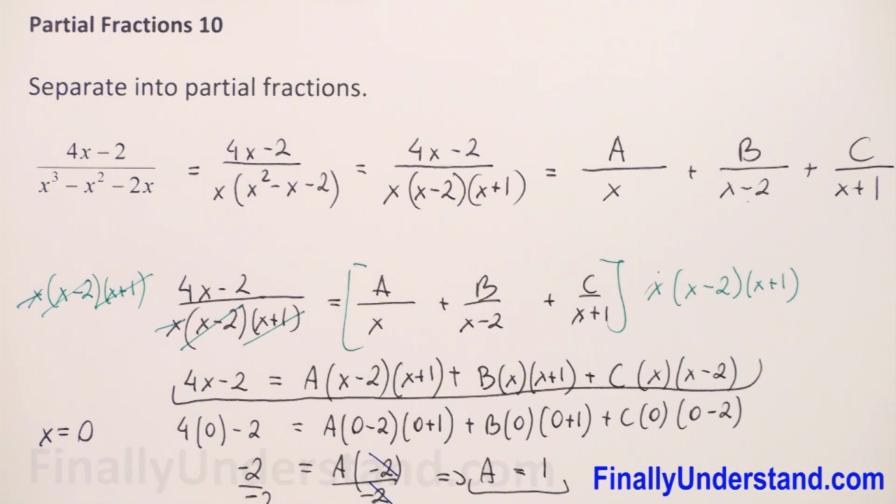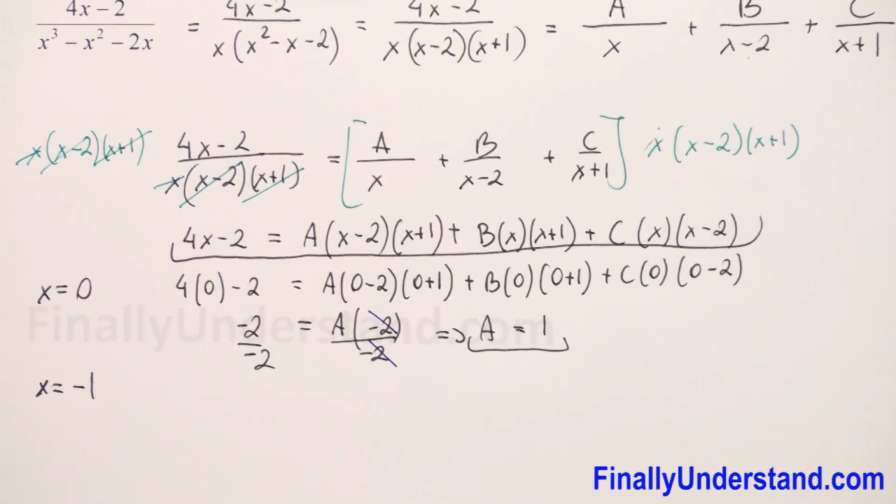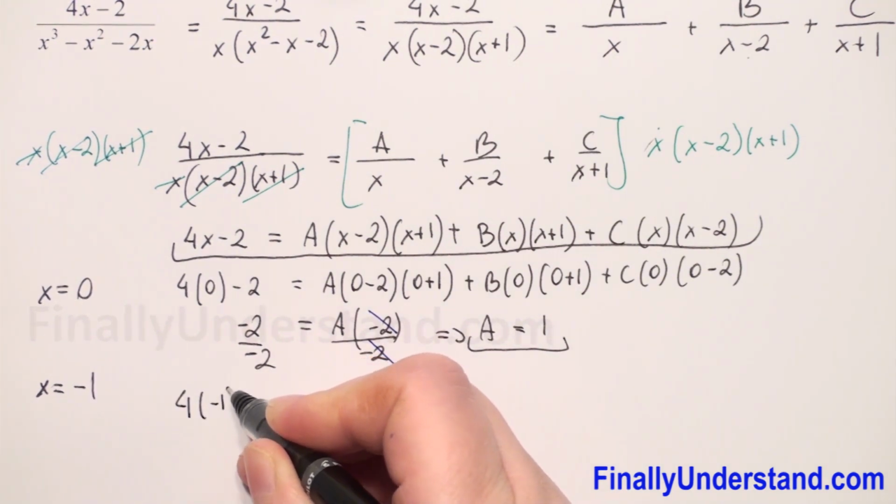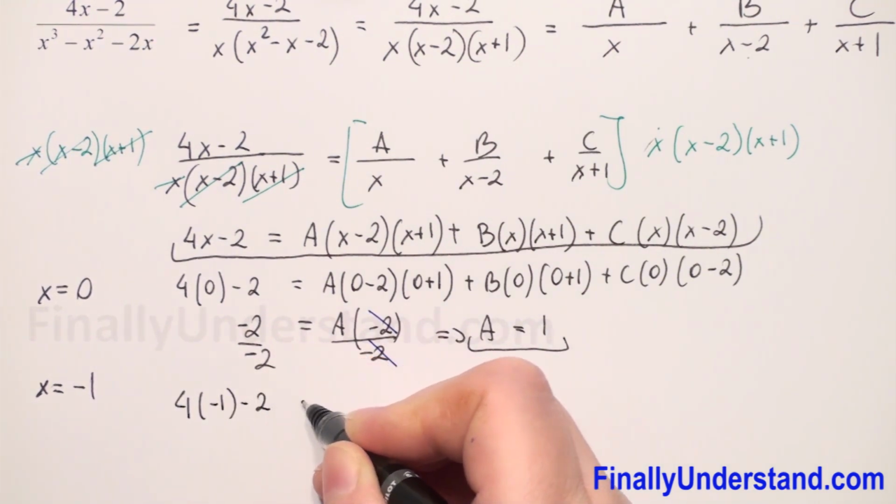So next I will write that x is equal to negative 1. So now we will substitute x's by negative 1 on both sides of our equation. So we have 4 times negative 1 minus 2.